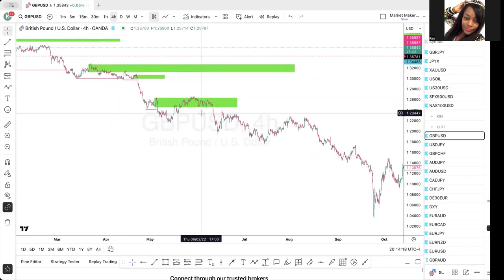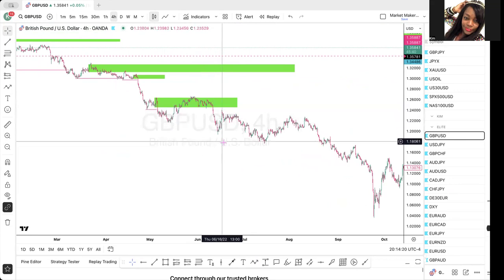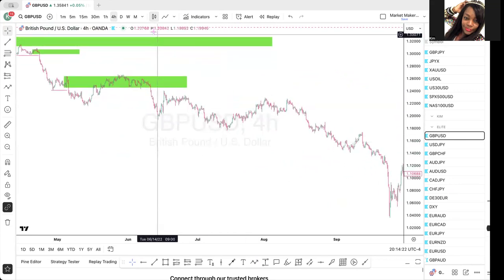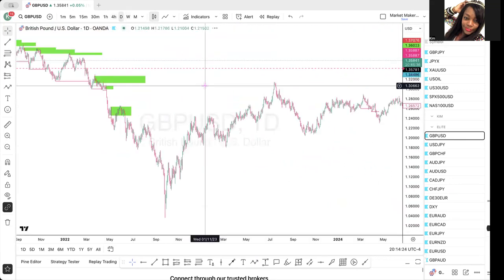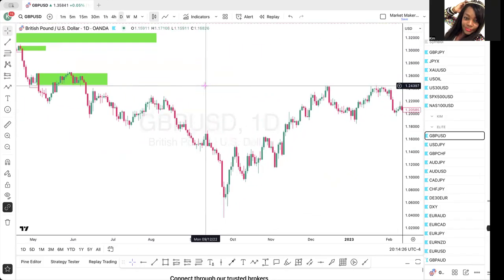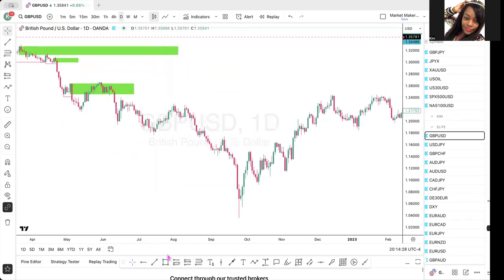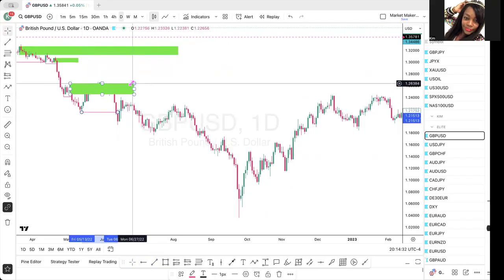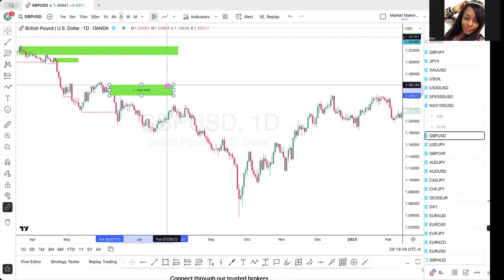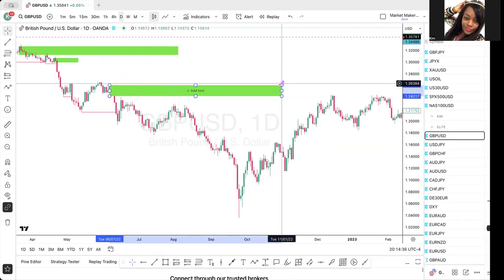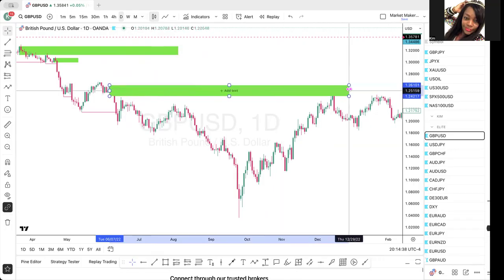once it started shifting structure again, let me go back to the daily. Now you just have to look at the next structure. So once price broke, there was structure here.